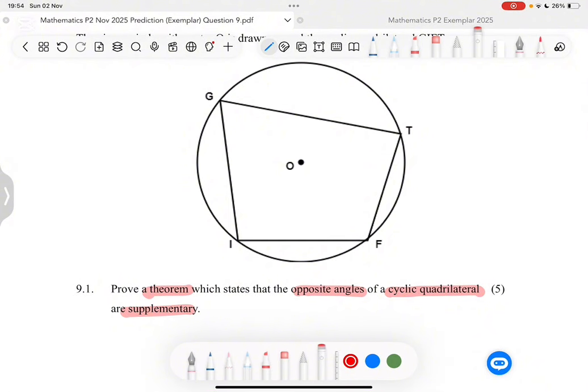And if that happens, we know that the angle at the center is twice the angle at the circumference. So here, I'm going to say angle O1 is twice angle G. Angle O1 is equal to twice angle G. And I'm going to give my reason here: angle at center is equal to twice angle at circumference.